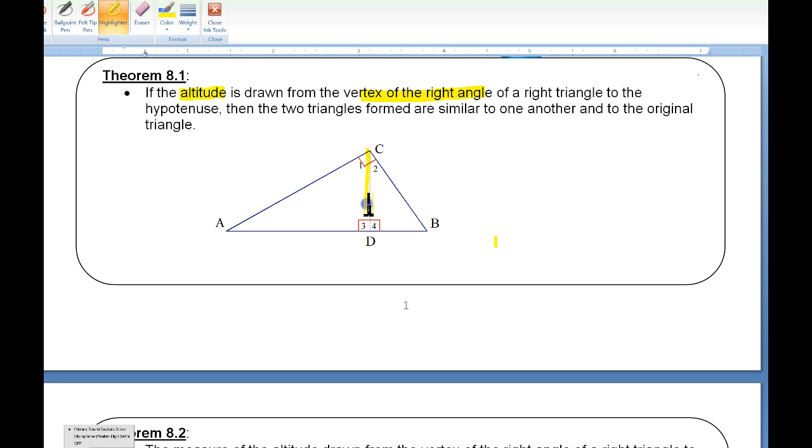So we're talking about this segment right here. What ends up happening is the two triangles that are formed are similar to one another and to the original triangle. So let's look at the two triangles first. Let's look at triangle ACD and this other triangle CBD.